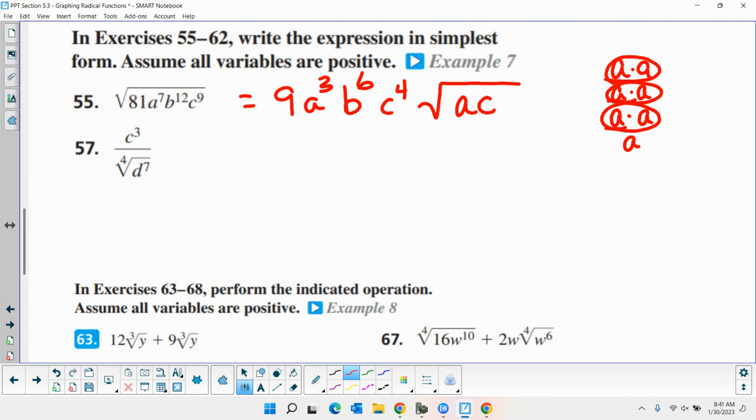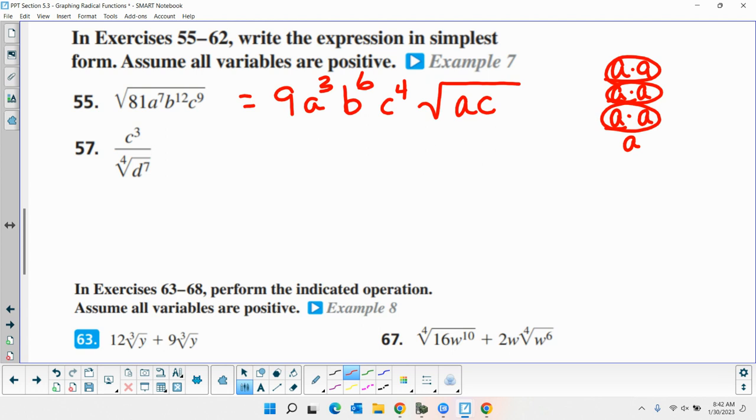But I have this A left over, so that's why there's an A there. Same thing would happen with the C's. But I'd have 4 groups of 2 C's and 1 left over. You guys with me on that? Or you can just divide. 7 divided by 2 is 3, remainder 1, right? 9 divided by 2 is 4, remainder 1. Right? So that's all we do on that.